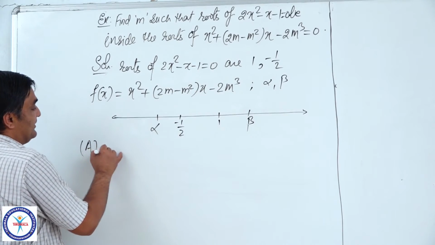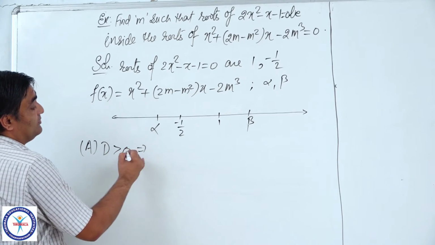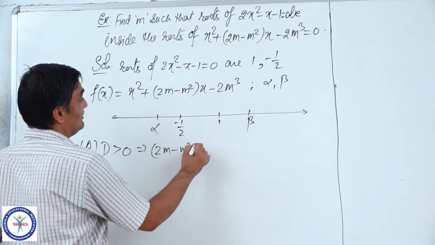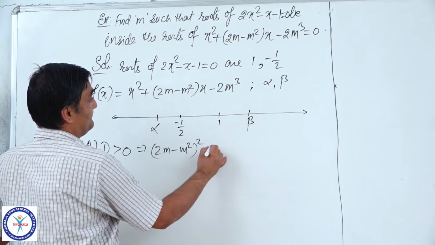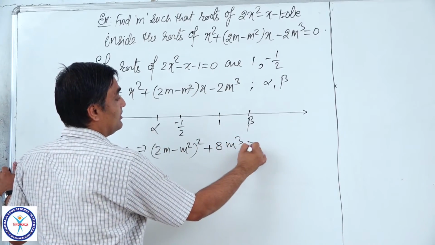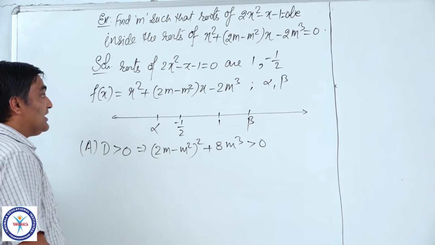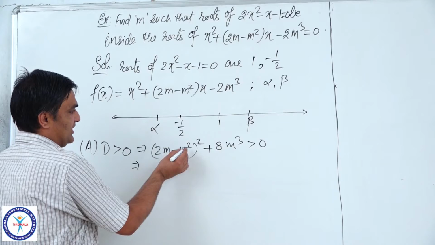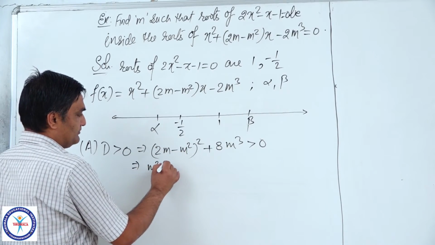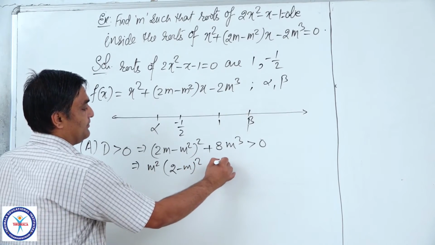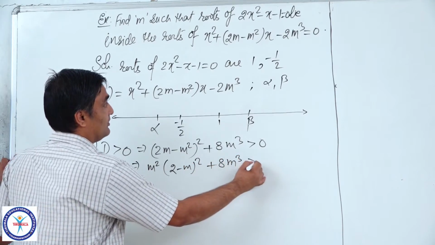First condition, D greater than 0 means 2m minus m square whole square plus 8m cube greater than 0. We can take m square common: m square times 2 minus m whole square plus 8m.